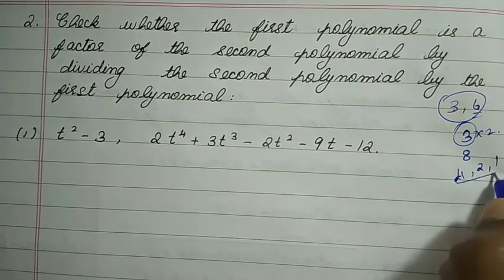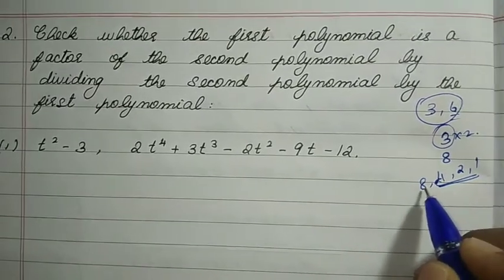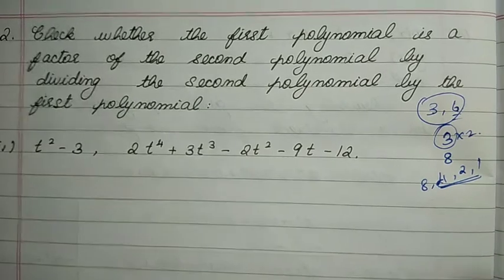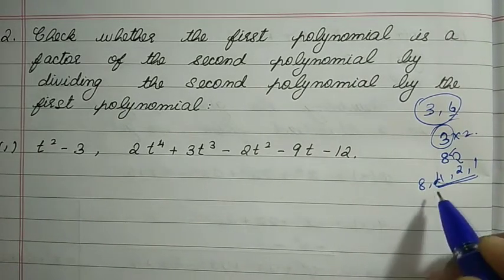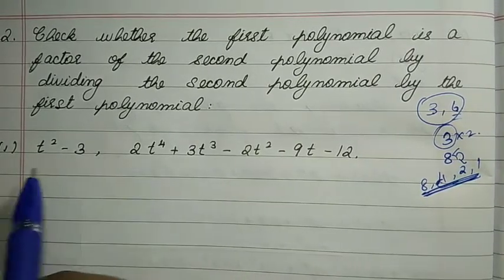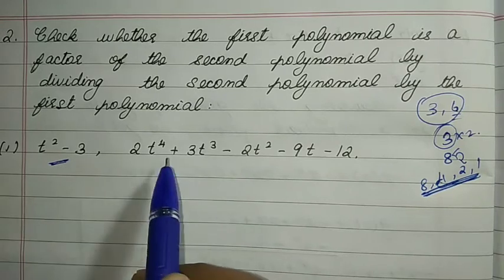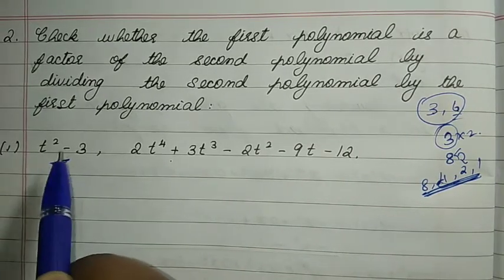So one more example for 8. 4, 2 and 1 are the factors of 8, even 8. So why? Because these numbers get multiplied with some number to get the answer as 8 itself. Okay, so these numbers are called factors. So they're saying that this polynomial will be a factor of this. We have to check whether this polynomial is a factor of this.